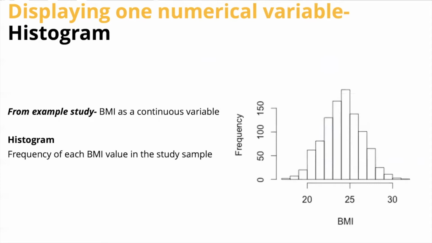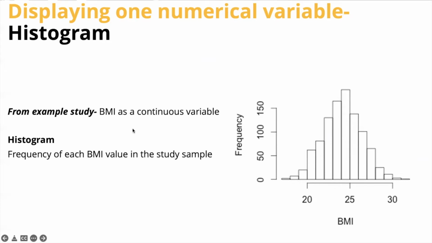You can also display a single numerical continuous variable using a histogram. This looks very similar to the previous bar graph, but instead of having the BMI categories on the x-axis, you have all the possible BMI values in your data set, all of the continuous values.